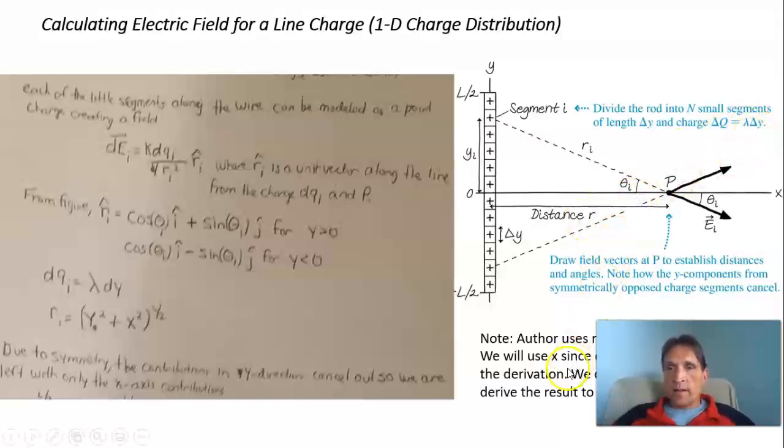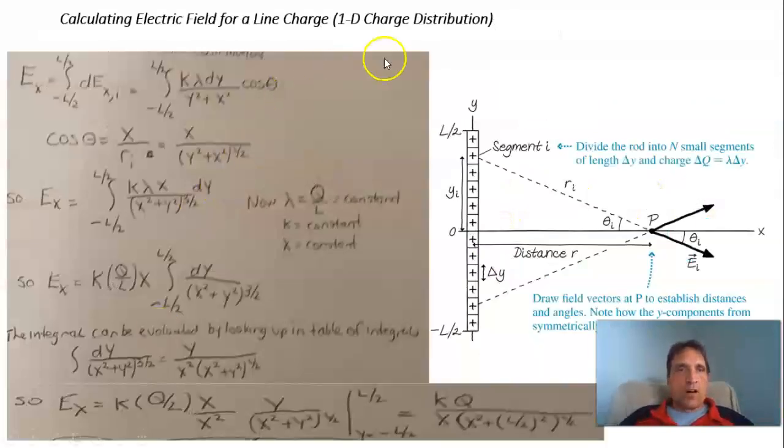But I think using a small x here is advantageous so that we remember that it is the distance along the x direction, as opposed to this r_i here, which is the distance from the charge to the point. Okay? So in this case, r_i, the distance from each little element to point P, is equal to y squared plus x squared to the 1/2.